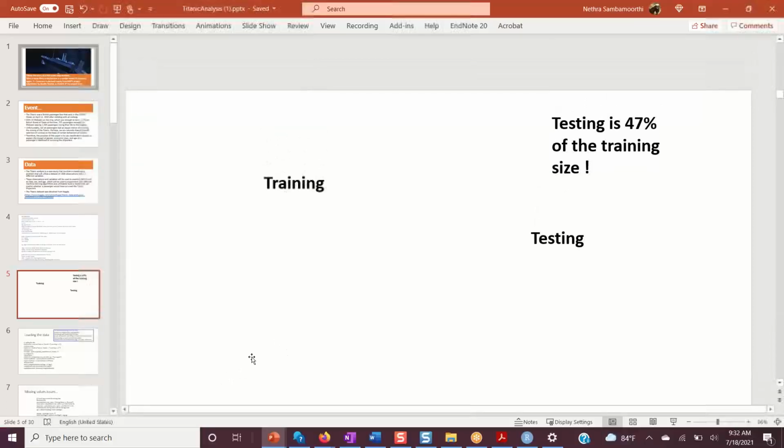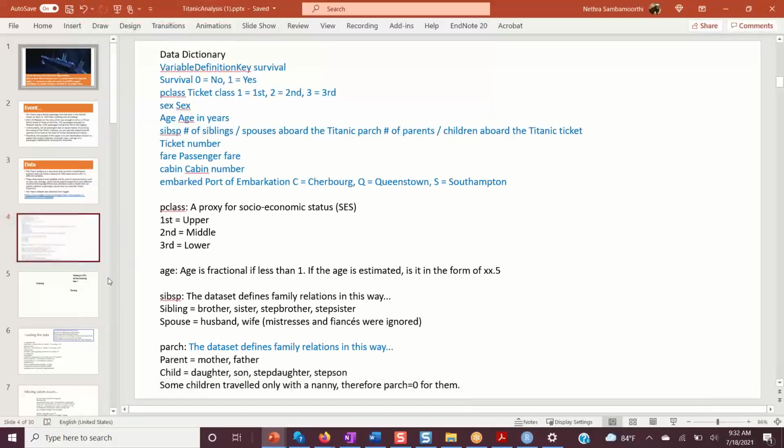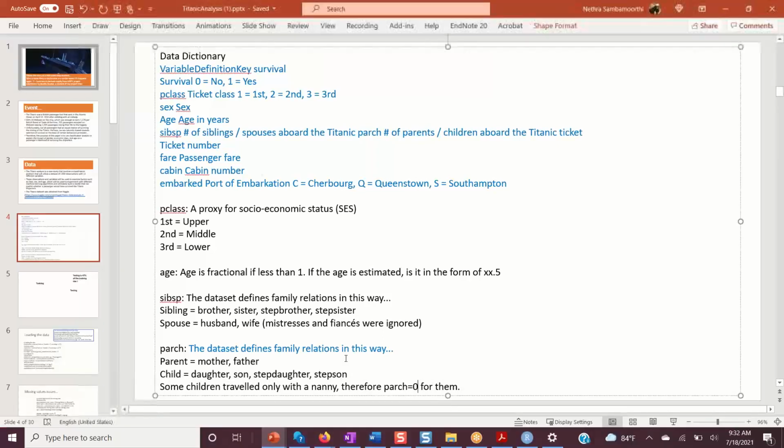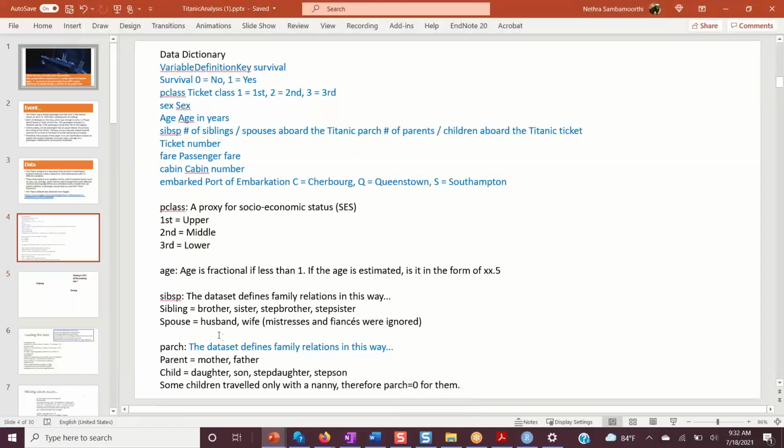Child refers to daughter, son, stepdaughter, stepson, and so on. Some children travel only with a nanny. Therefore, the parch variable is 0. Those are the variable definitions.